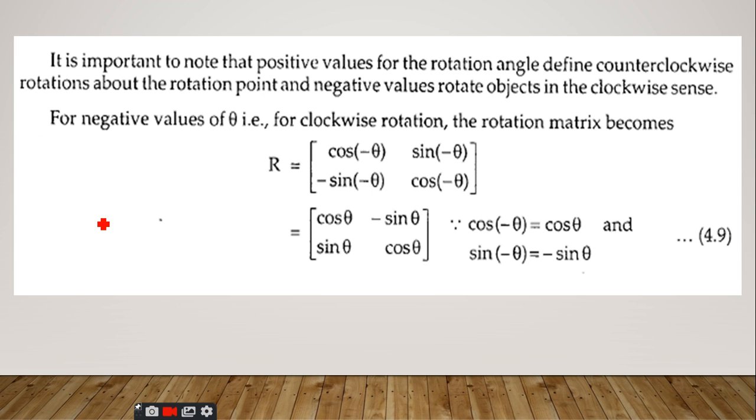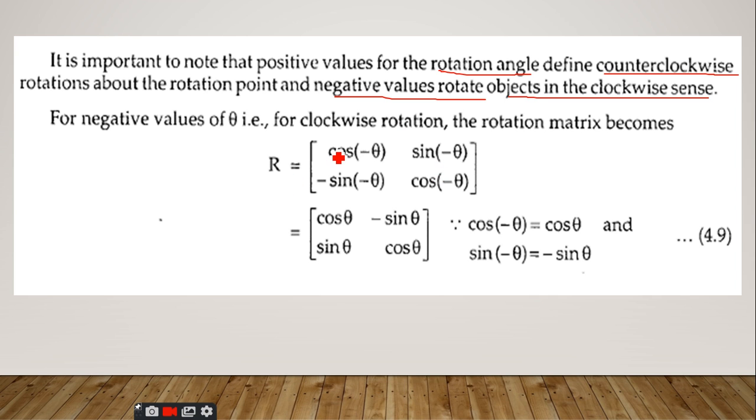Then we have to find the similar for the clockwise direction. It is important to note that the positive values for the rotation angle are defined counterclockwise about the rotation point, and the negative values rotate the object in the clockwise sense.